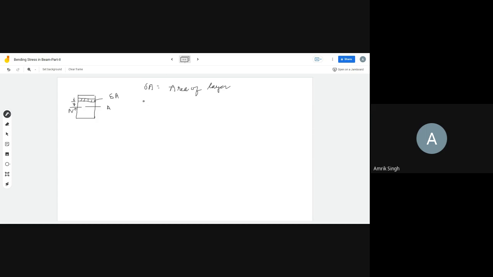Okay. So now we know, we have just proved sigma B is equal to E upon R into Y. Sigma B is this. So now this is a stress. So force on this strip, so force on this layer.